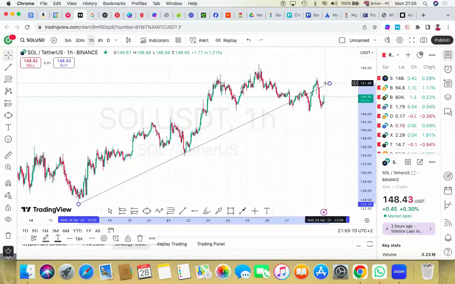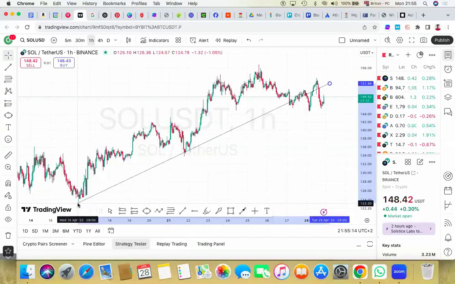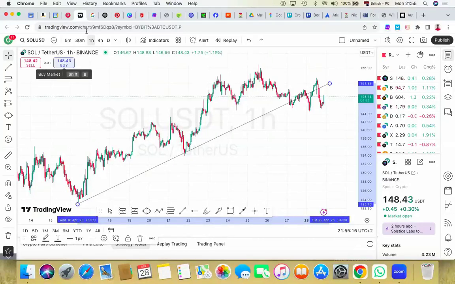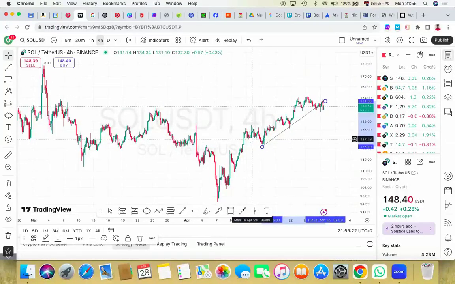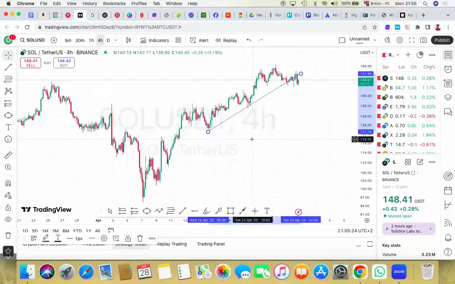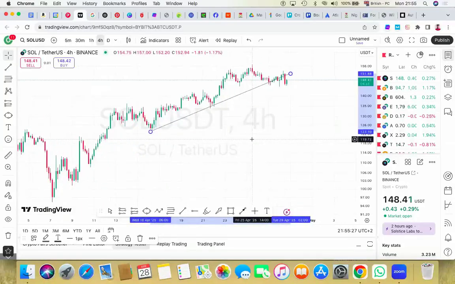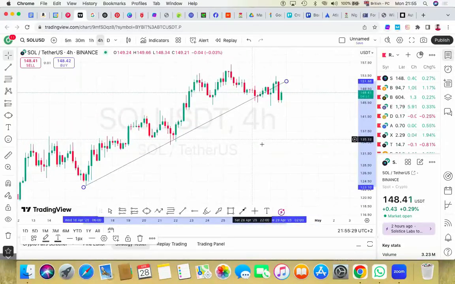So if I was to see what happened here, on our 1 hour time frame, you can see that this trend has actually broken, but you cannot confirm a break of zone if there is no retest on this same area here.